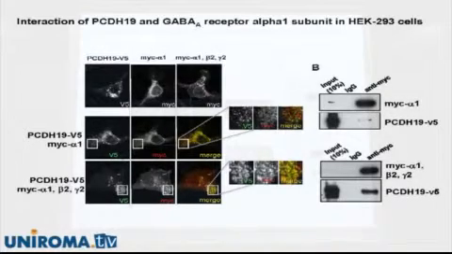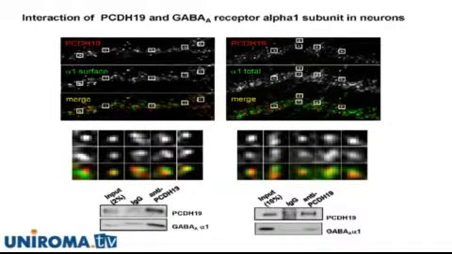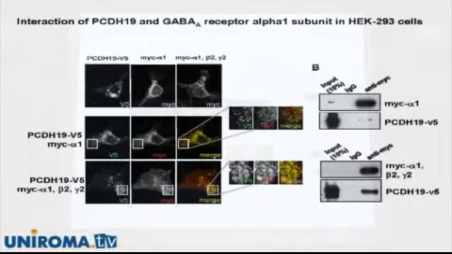Then we reconfirmed the associations from a biochemical point of view. We did conduct some experiments, and this is what we noticed. This is the biochemical association at the level of cells which are different from neurons.